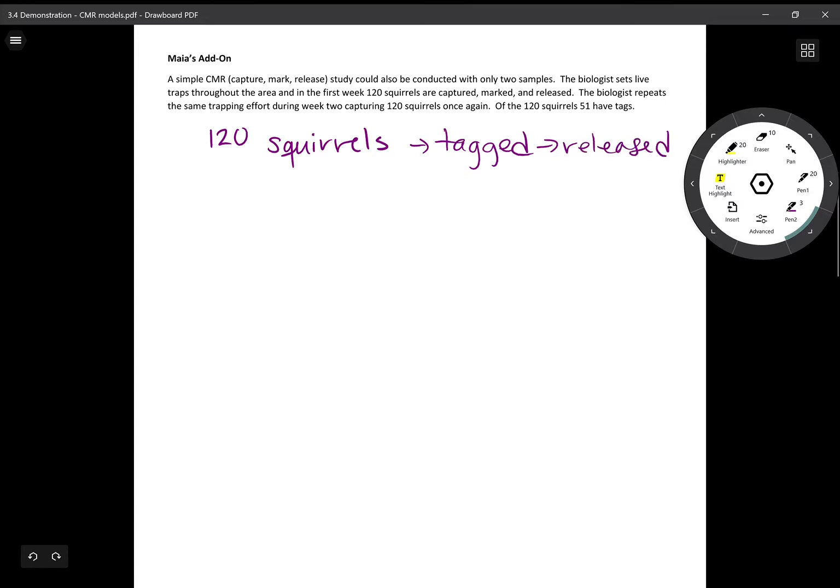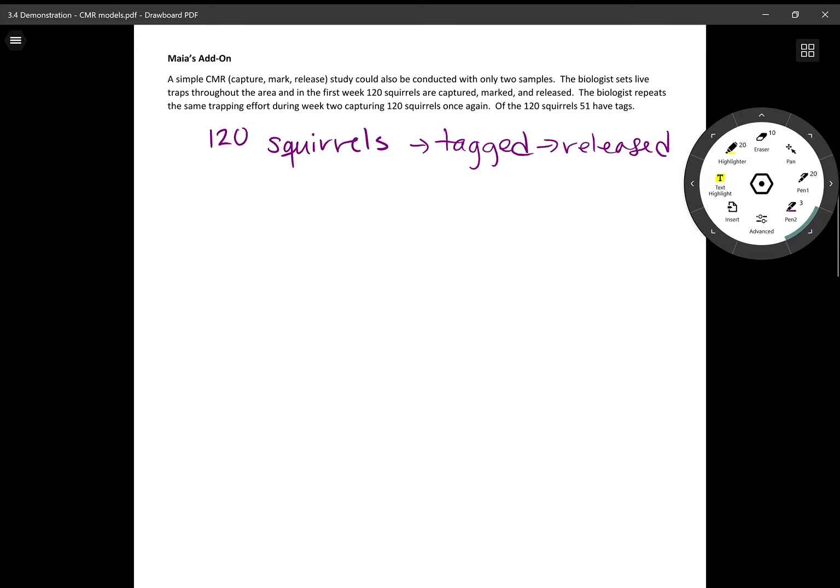And the idea is you release them, they're going to mix back in with the population. If you're able to go back out and get a somewhat random sample, the information of how many of the squirrels in your new sample have tags should help you work backwards and predict how many squirrels there are total.